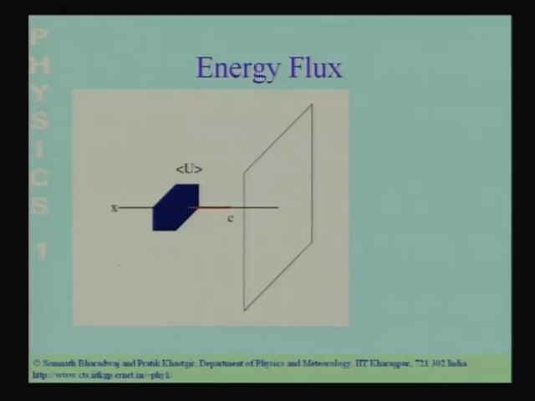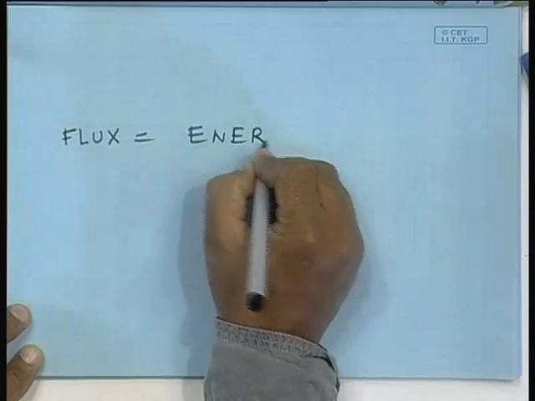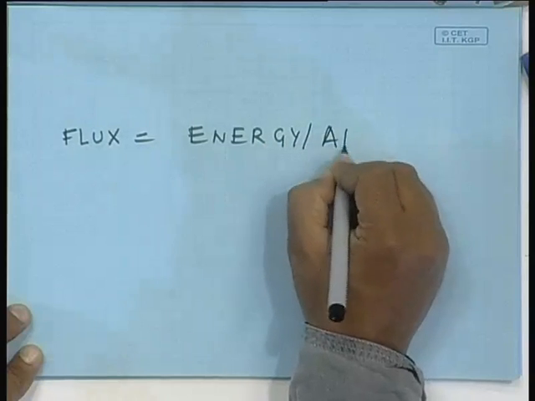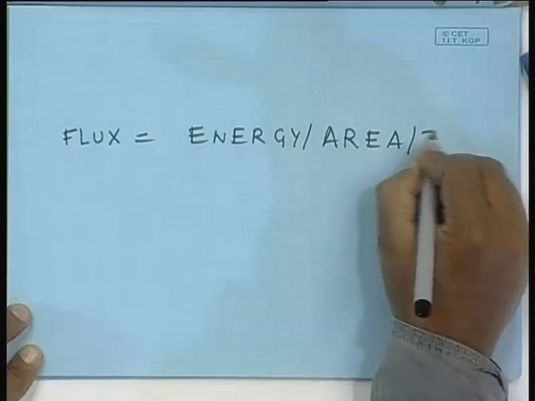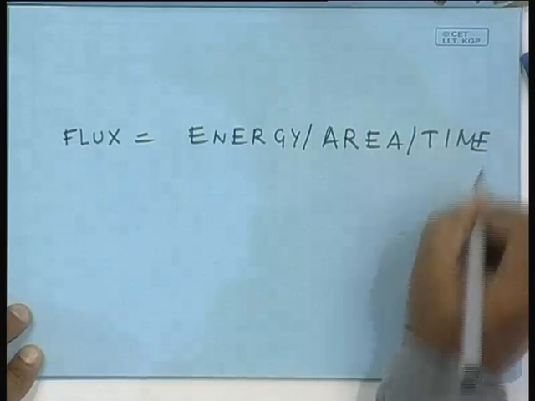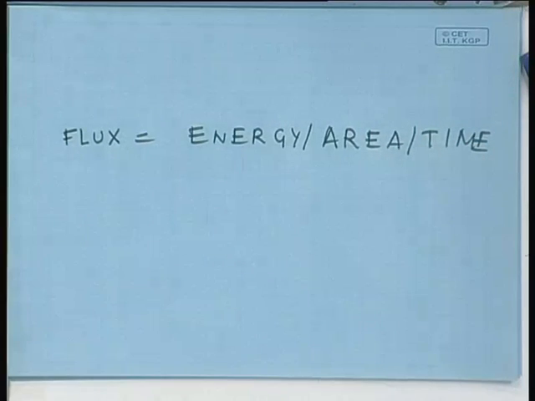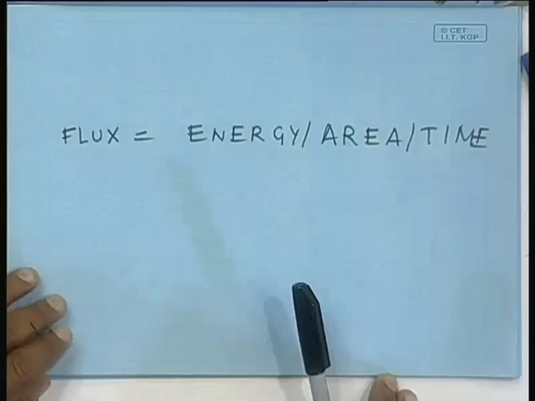Let me just elaborate a little on this. So, energy flux is the energy per unit area per unit second, and this is the quantity which is of considerable practical importance, because whenever we have a detector, for example, a detector of some sort which is measuring radiation, the quantity that we detect is the amount of radiation energy per unit area.